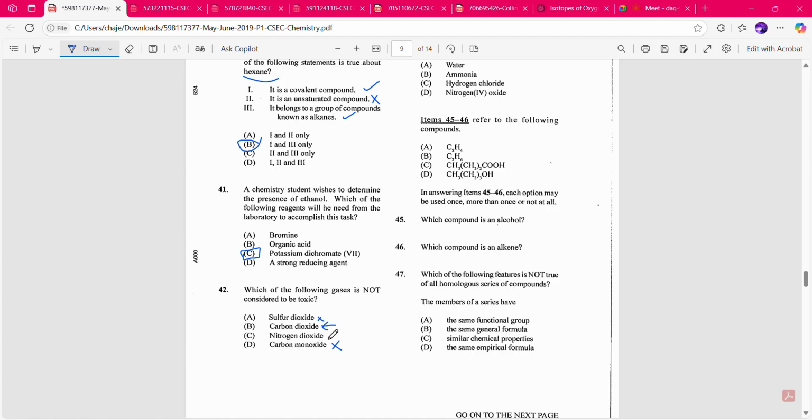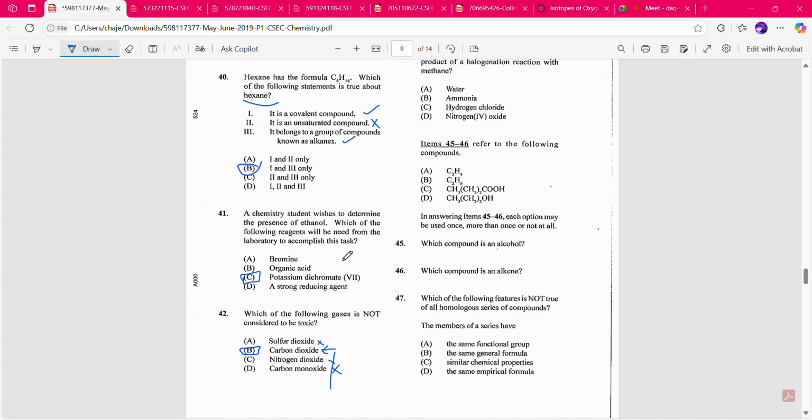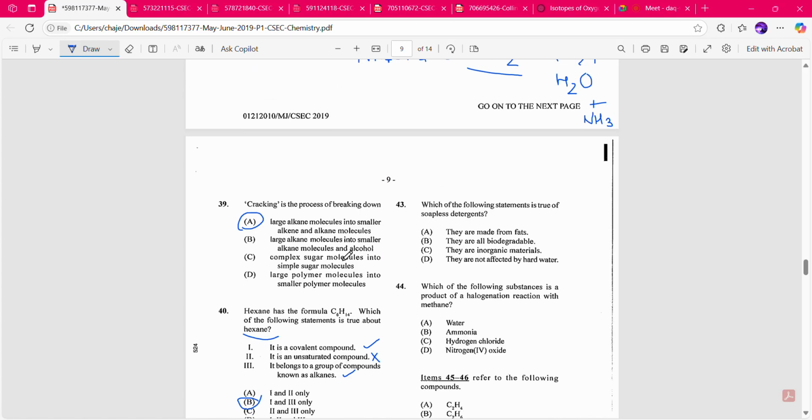Yes, we cannot inhale carbon dioxide, and actually we're not supposed to, as it can be converted to carbon monoxide, but as I say, plants use it, so it's not really considered to be toxic. While nitrogen dioxide can cause respiratory illness. Sulfur dioxide is pungent, nitrogen dioxide also pungent, and carbon monoxide is very toxic, produced by cars. So I'm going to go with 42 to be B as in boy, carbon dioxide.